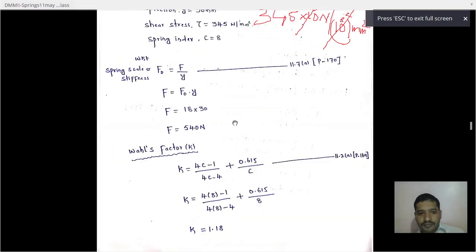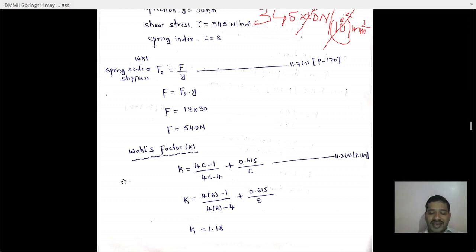After getting the value of F, we need to find out the value of Wahl's factor. If you want to find out the value of Wahl's factor, we know very well the equation: K equal to (4 into spring index minus 1) divided by (4 into spring index minus 4) plus 0.615 divided by spring index.